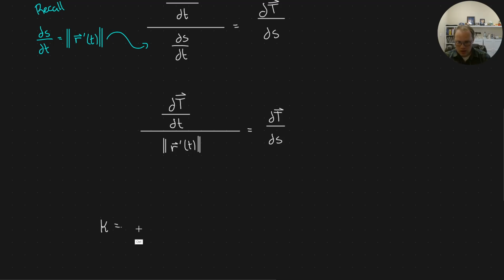would be the norm of this guy, and I'm going to go back to using the prime notation, T prime of s, which would be equal to the norm of this, since these two are equal, right?